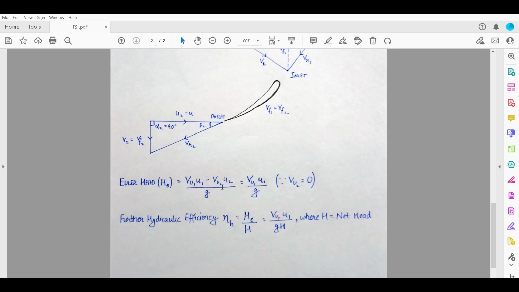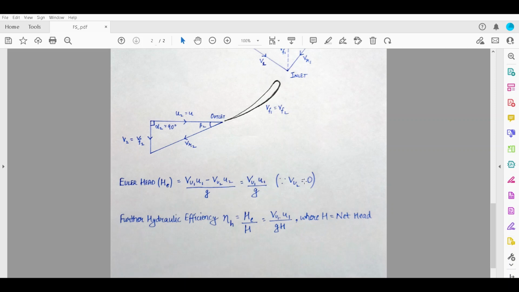Euler head. Now we know that the Euler head formula is given by (VU1, that is the tangential component of absolute velocity, into U1 minus VU2, which is the tangential component of absolute velocity at the outlet, into U2) divided by g.